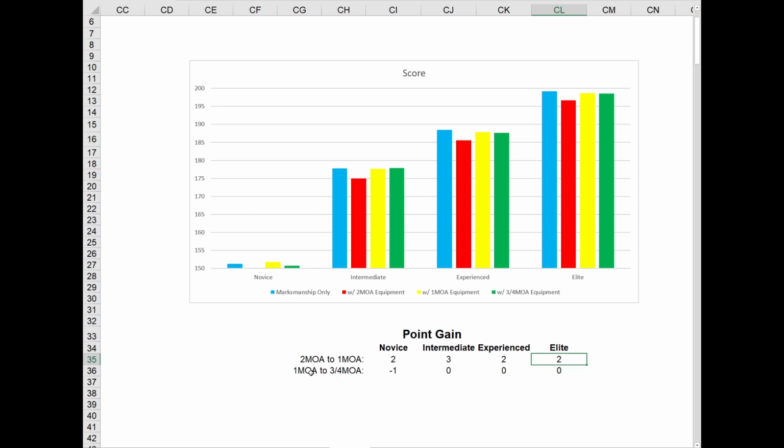Well, this 1/4 minute of angle improvement actually doesn't gain the novice shooter anything. Actually, they're losing 1 point on average in a 20-shot match. And the other 3 shooters are not gaining a single point due to this improvement.